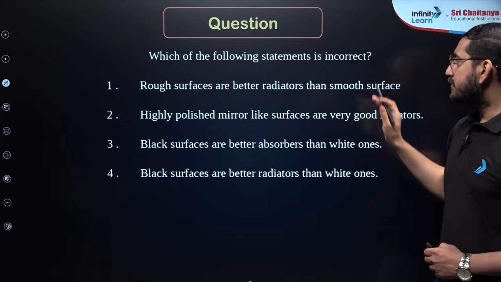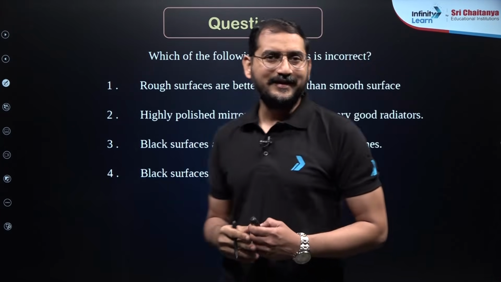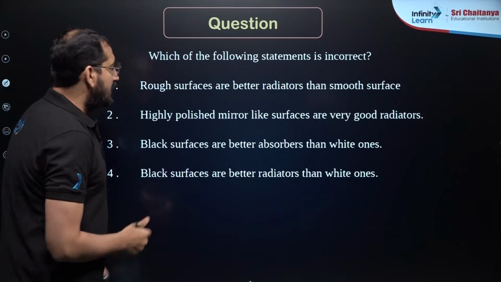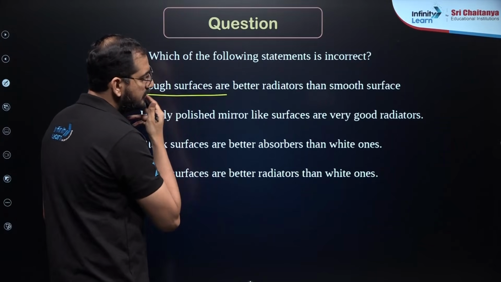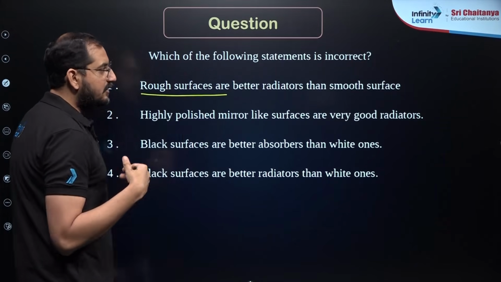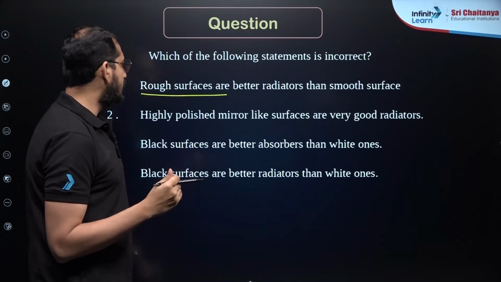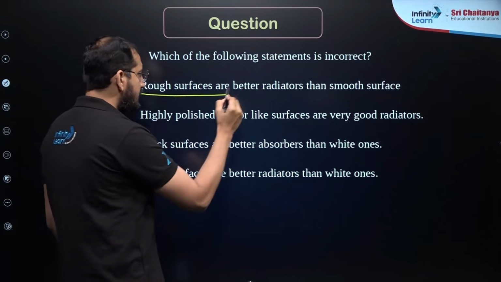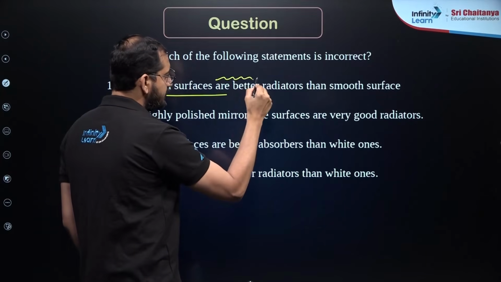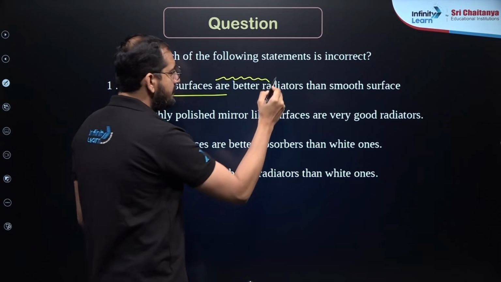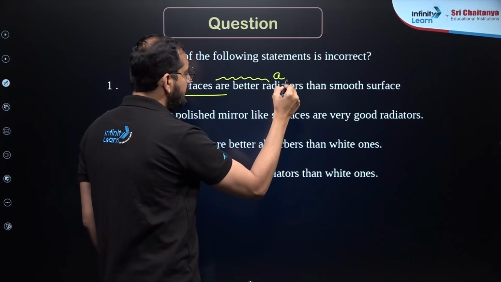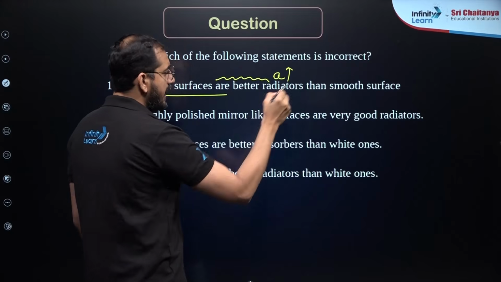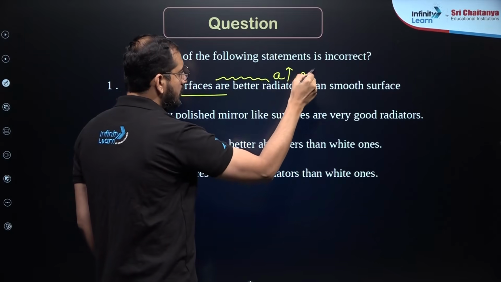Which of the following statements is incorrect? Let's see. Rough surfaces are better radiators than smooth surfaces. So if there is a rough surface like this, its absorptivity is going to be very high and reflectivity is going to be very low.